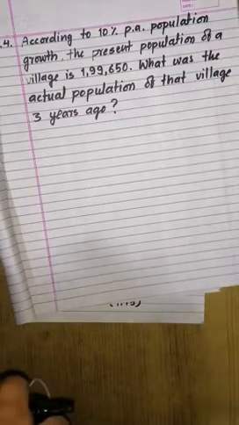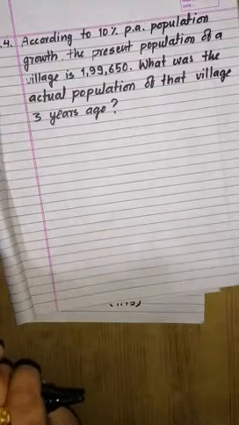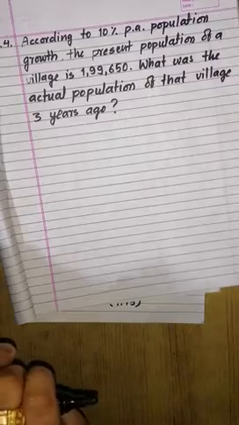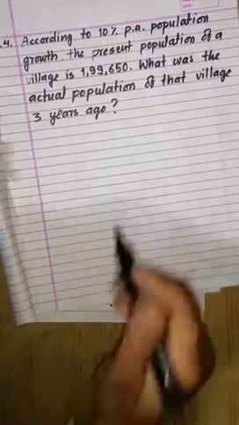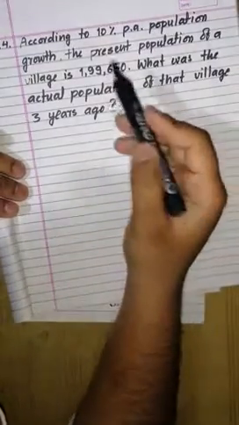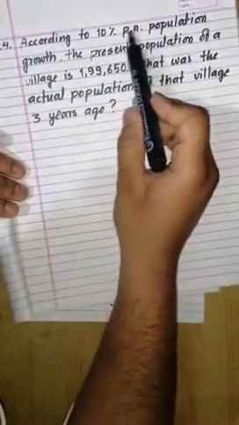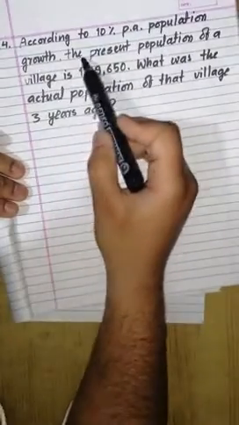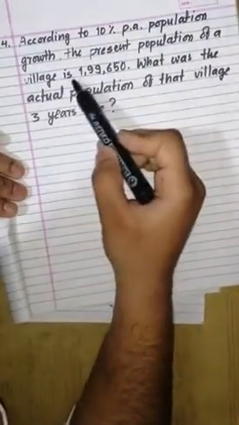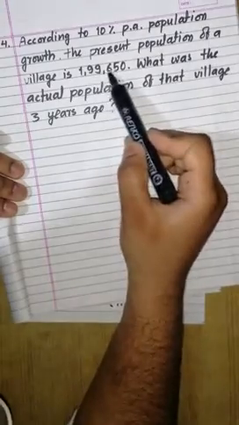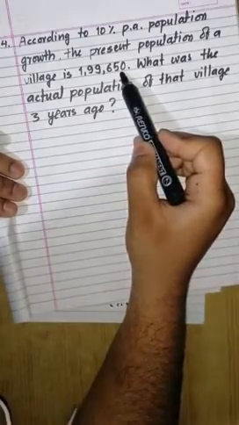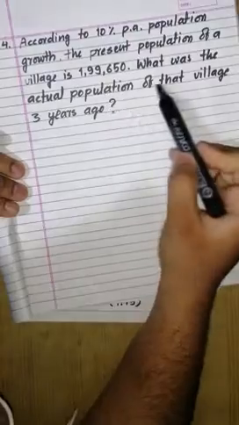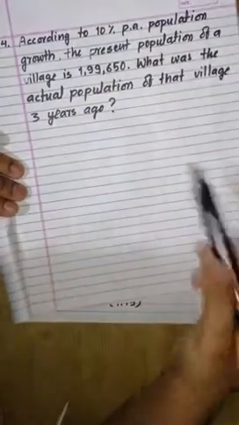Now lastly, let's find out the initial population. Let's look at this question. According to 10% per annum population growth, the present population of a village is 1,99,650. What was the actual population of that village 3 years ago?